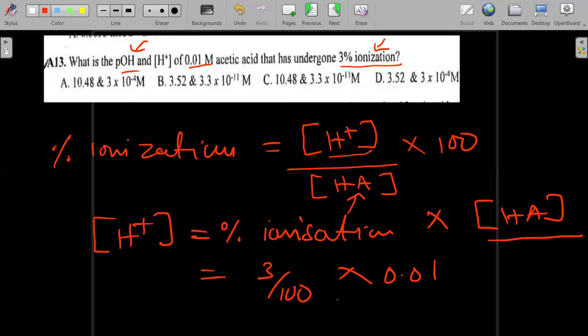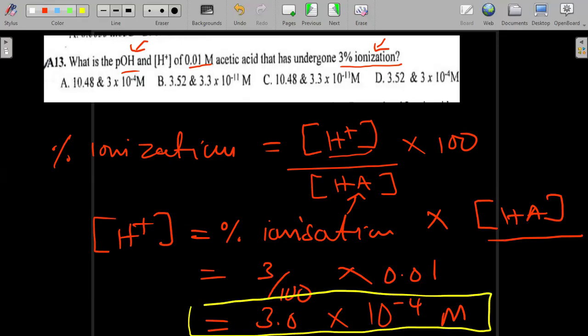Let's now punch this into the calculator. What am I getting? I'm getting 3.0 multiplied by 10 to the power minus 4 molar as the concentration of the hydrogen ions.